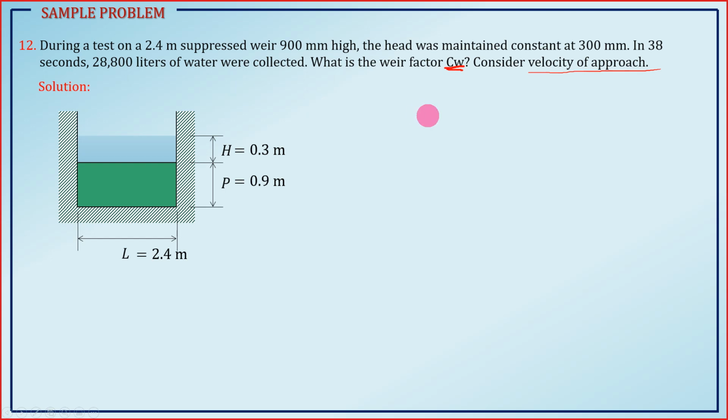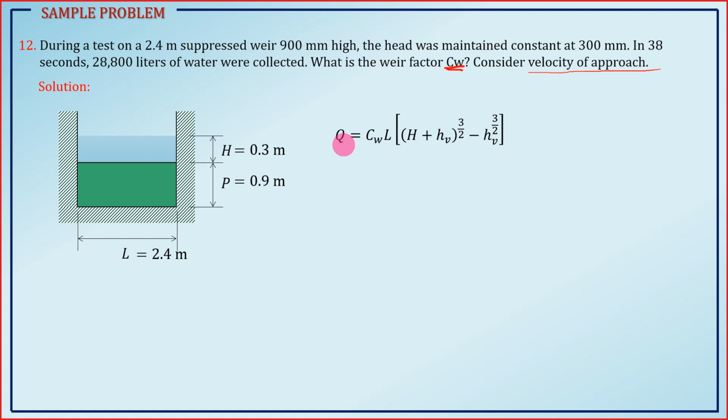So, for this velocity of approach, para may consider natin siya in our equation, we will use this equation na Q equals CWL multiplied by H plus HV raised to 3 halves minus HV raised to 3 halves. Ayan. So, for this equation, do we have the value of Q given in our problem? Yes, we have. No? But, kailangan pa natin siyang isolve.